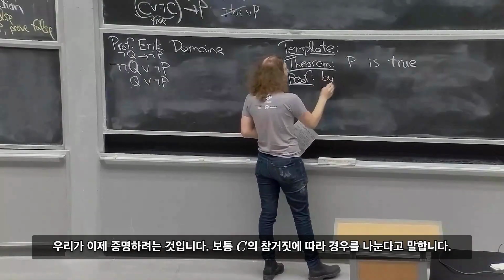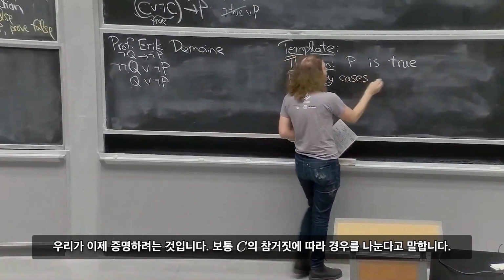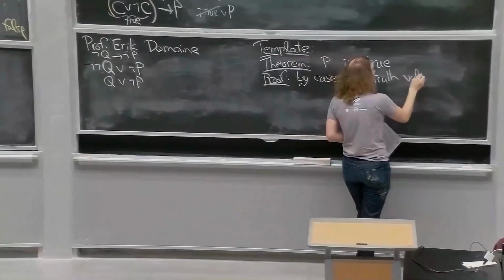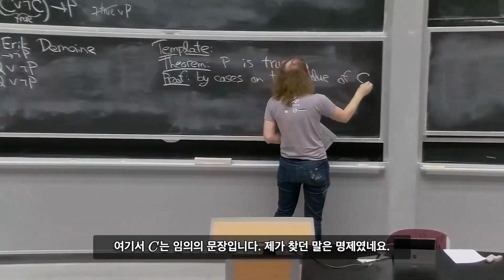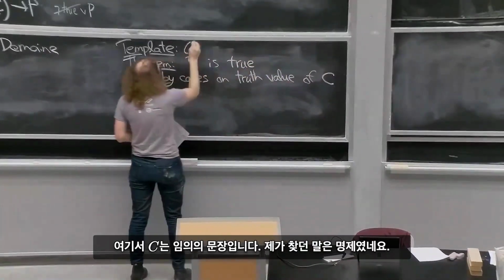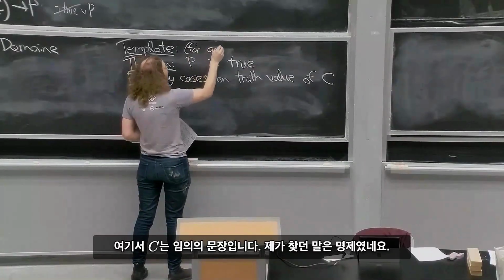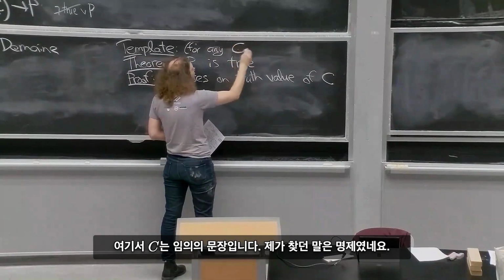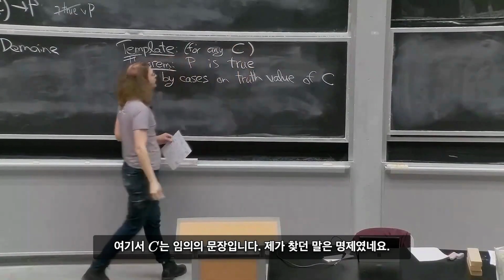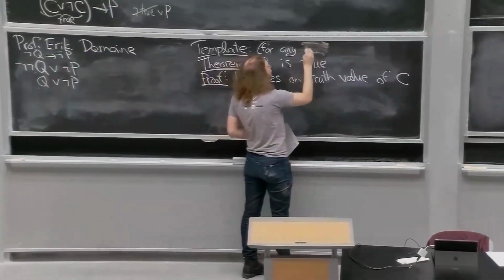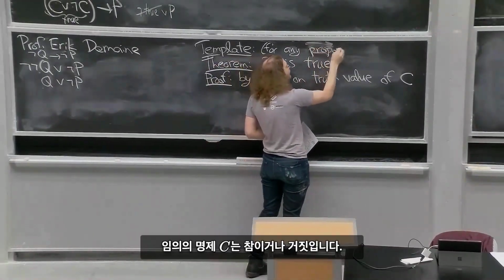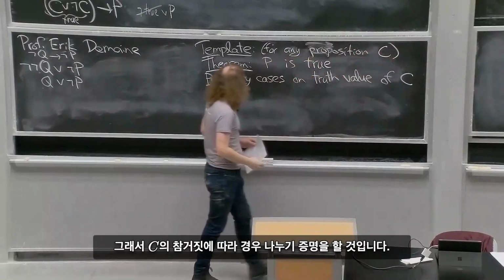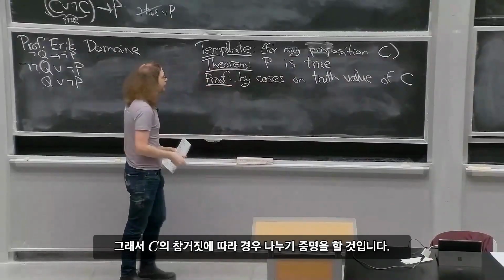And so we'd usually say proof by cases on the truth value of C. So this is for any statement C. Proposition is the word I was looking for. Any proposition C, it's either true or false. And so we're going to do proof by cases on the truth value of C.